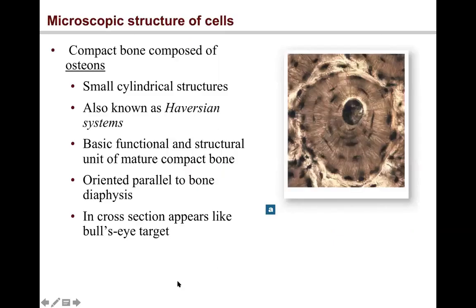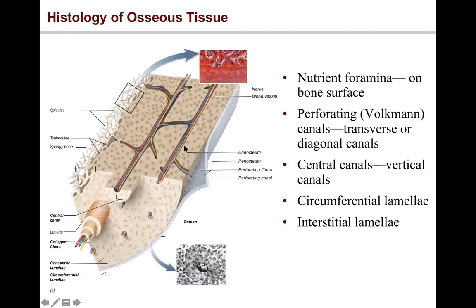So we just learned that the compact bone consists of osteons, also known as the Haversian system, and the osteons are the basic functional and structural unit of the compact bone. If we go further to see the histology of the bone, in the center there is the nutrient foramen, which is basically a hole.